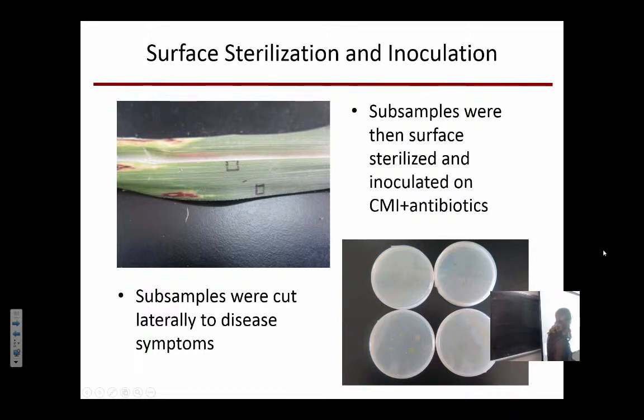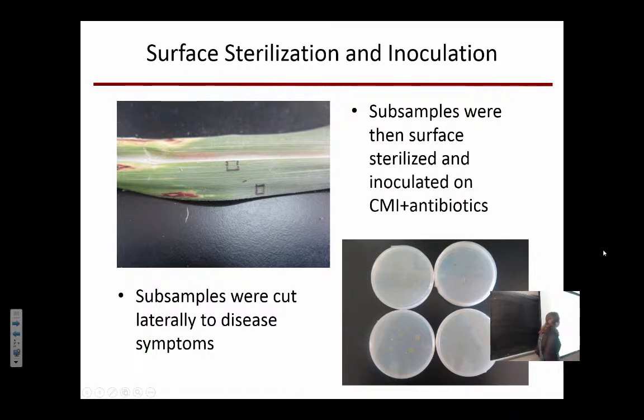What he recommended was that I cut out subsamples lateral to disease symptoms. The reasoning behind this was that these lesions would likely have secondary infectors as well as saprophytes, and so it would be better to sample lateral to those lesions.